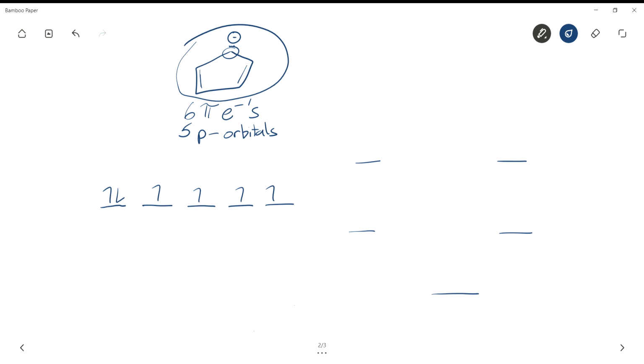Now we have to fill in. Okay, so first we designate what's bonding and what's anti-bonding. So anything below this line is bonding, and anything above is anti-bonding. Okay, so remember, we want to fill in all the bonding, and we don't want any electrons in the anti-bonding orbitals.